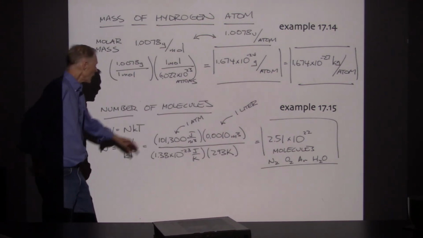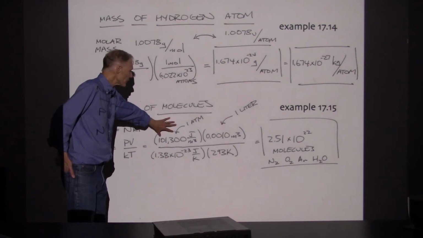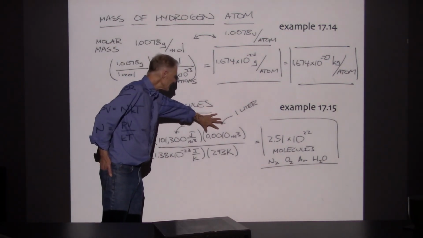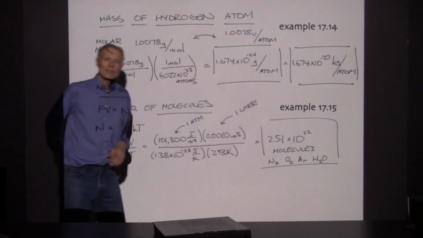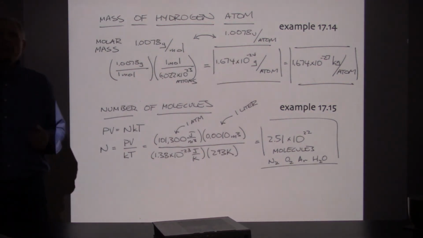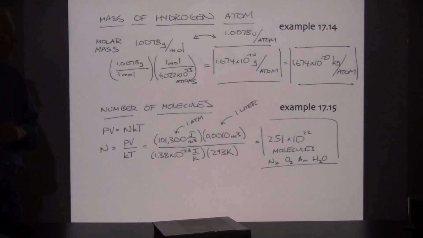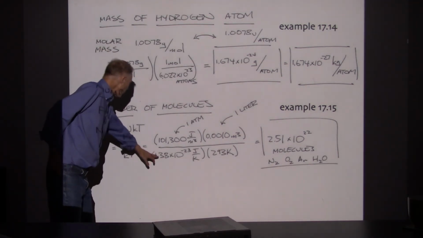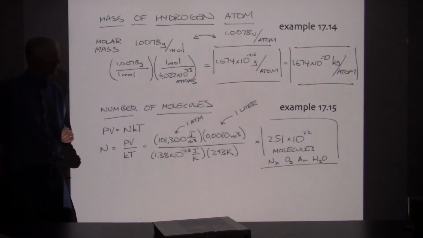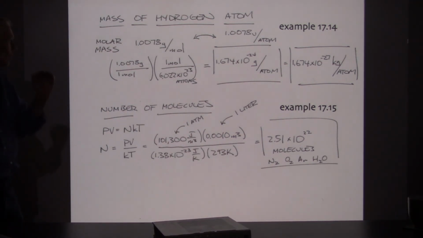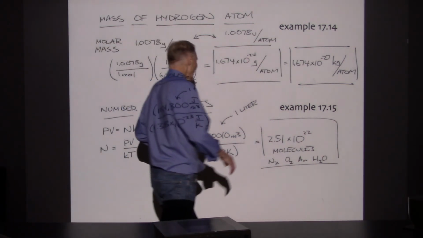There it is. Here is the pressure, 1 atmosphere. Here is 1 liter written as cubic meters. A liter is 1,000th of a cubic meter. And then Boltzmann's constant, and the temperature is at 20 Celsius. They didn't tell me, so I'm going to use 293 Kelvin. And here it is.